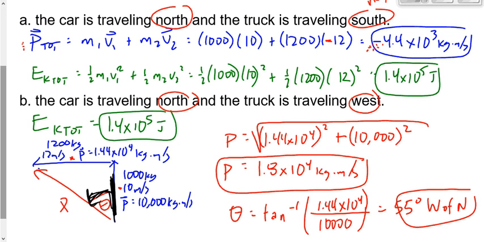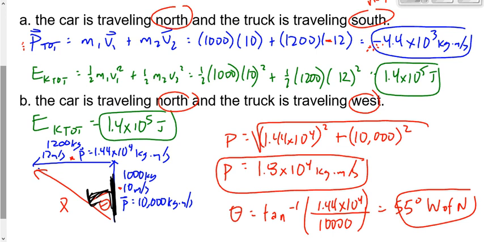So I'm going to say it's west from the north, or west of north. So kinetic energy, you can see that no matter what the direction, kinetic energy is going to be the same. But momentum will be different depending upon the direction, because kinetic energy is a scalar and momentum is a vector.